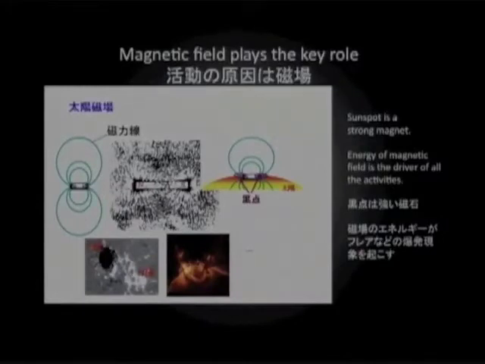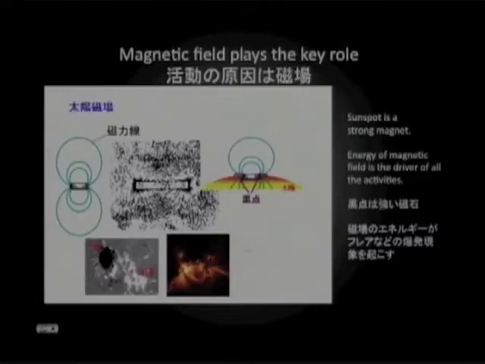I have talked about flares as well as solar wind and eruptions. What is the cause of such dynamic activity of the sun? This is because of the magnetic field. This is a schematic showing the magnetic field.